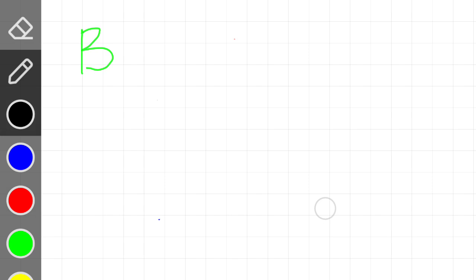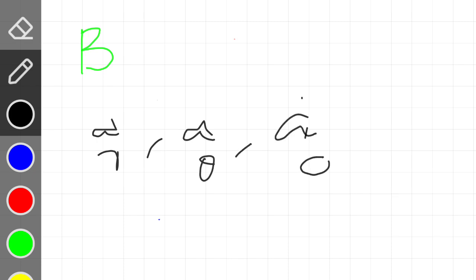There are three unit vectors in the spherical coordinate system: the unit vector AR, the unit vector A theta, and the unit vector A phi.